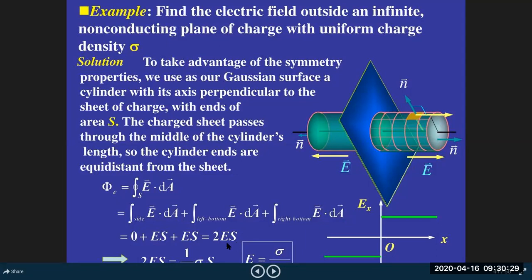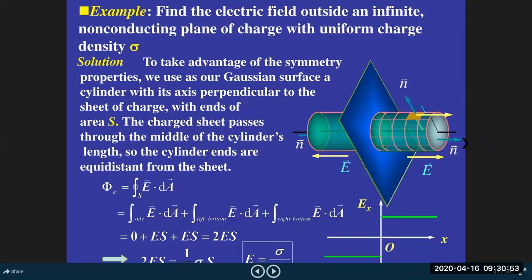So 2ES equals sigma into S. S and S will get cancelled out. So E, that is the electric field, equals sigma upon 2 epsilon naught. That will be the result. Sigma upon 2 epsilon naught.